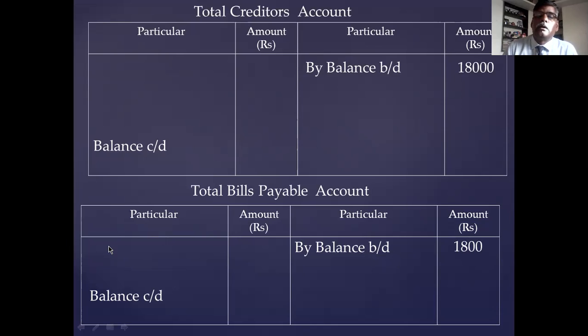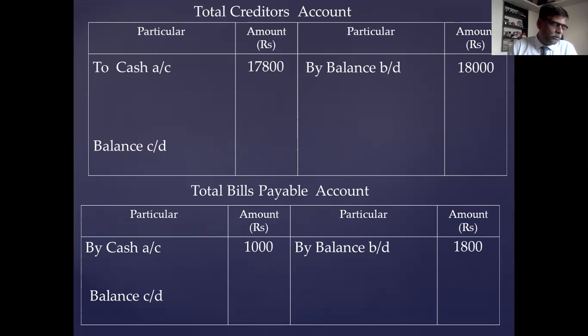So in the bills payable account, you write to cash rupees 1,000. Then next is creditor. In the cash book there is creditor. In the creditor account, that will be to cash 17,800. These two items are collected from the cash book.